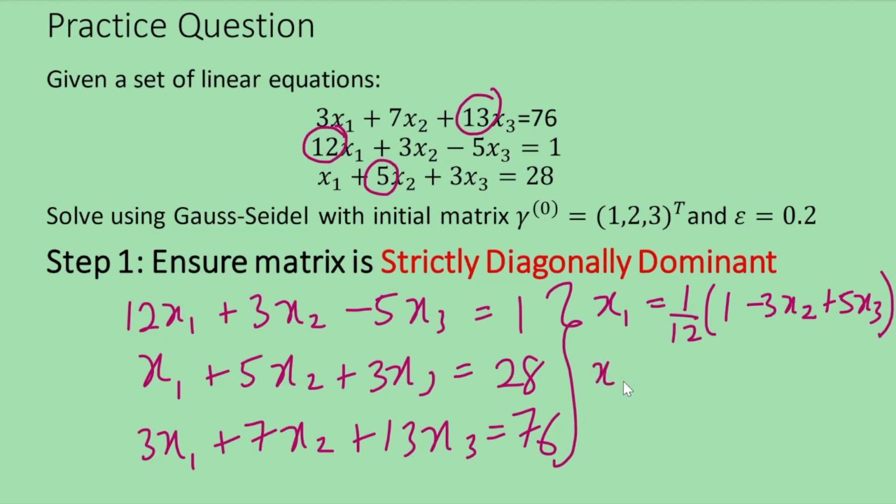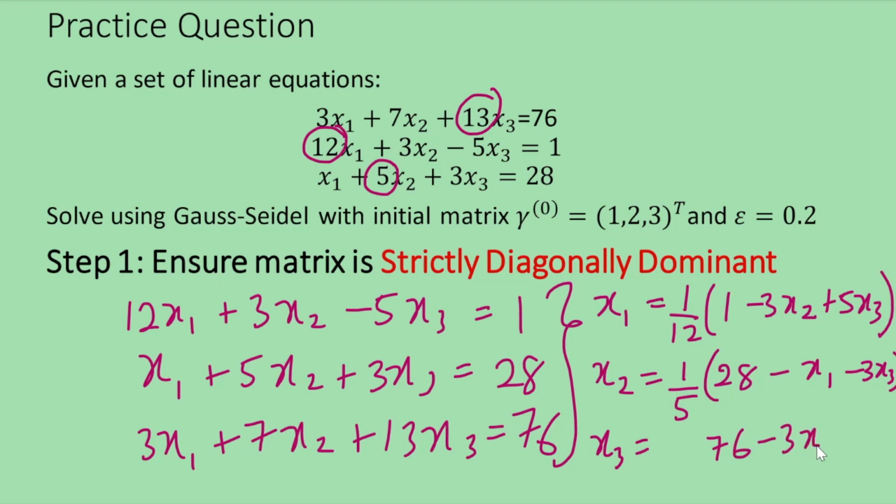And x2 can be written as 28 minus x1 minus 3x3, divided by 5, or multiplied by 1 over 5. And x3 can be rewritten as 76 minus 3x1 minus 7x2, multiplied by 1 over 13.